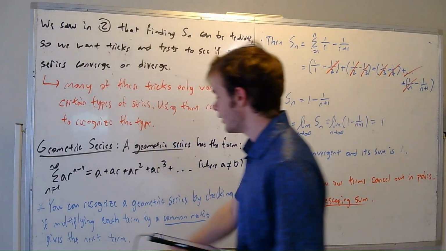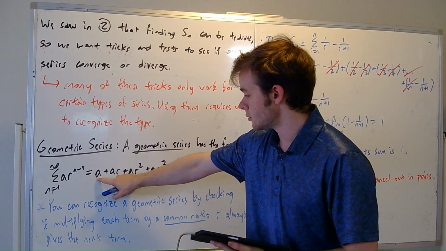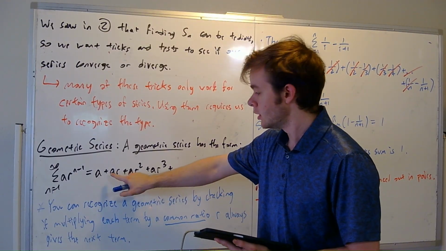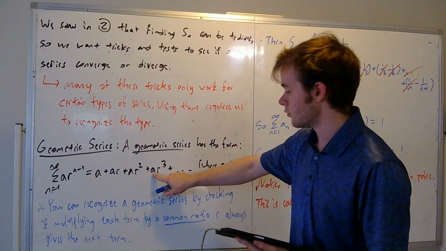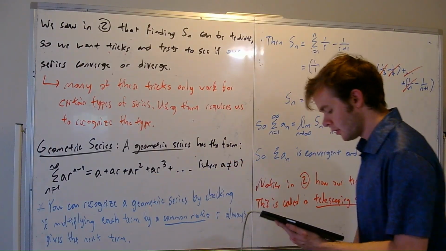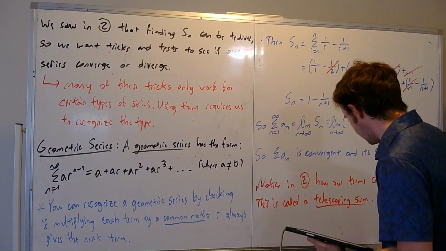So what I mean by that is you have your first term. If you multiply this by r, you get your second term. If you multiply this by r, you get your third term. Multiply this by r, you get your fourth term, and so on, right? So let's write down an example.